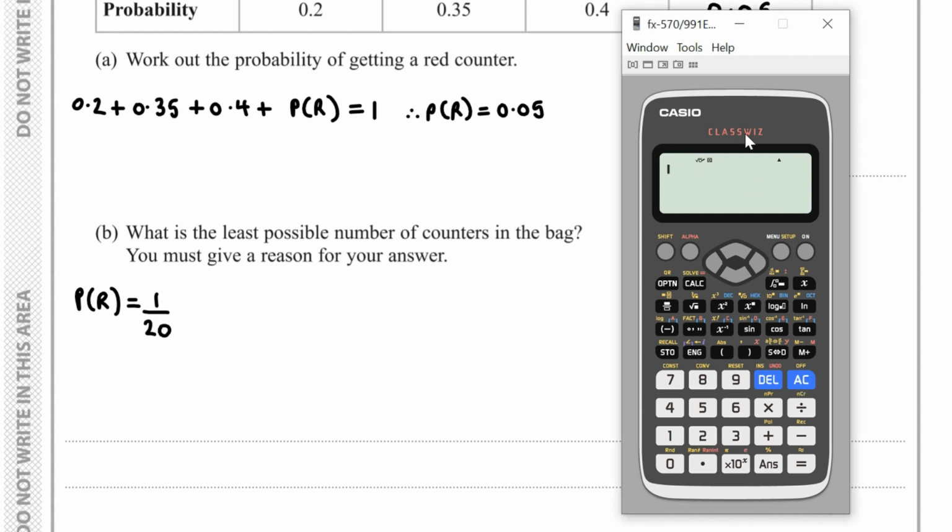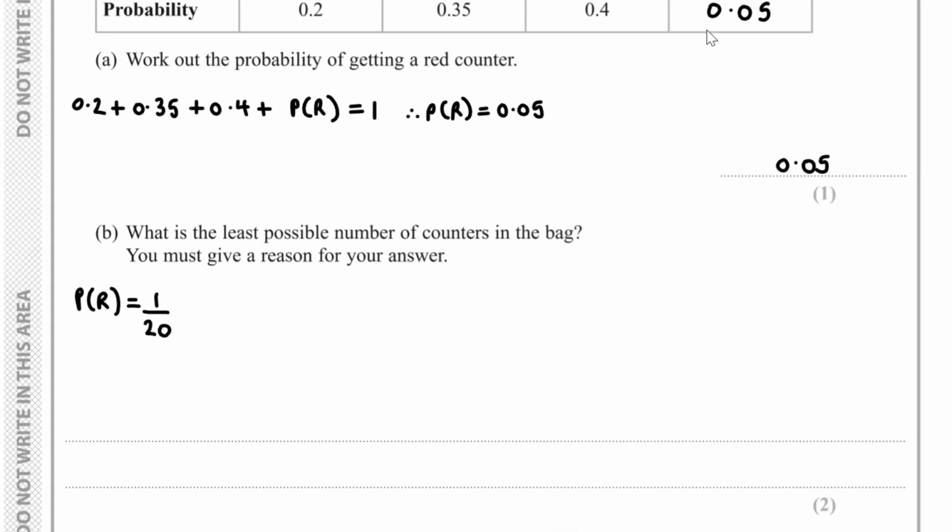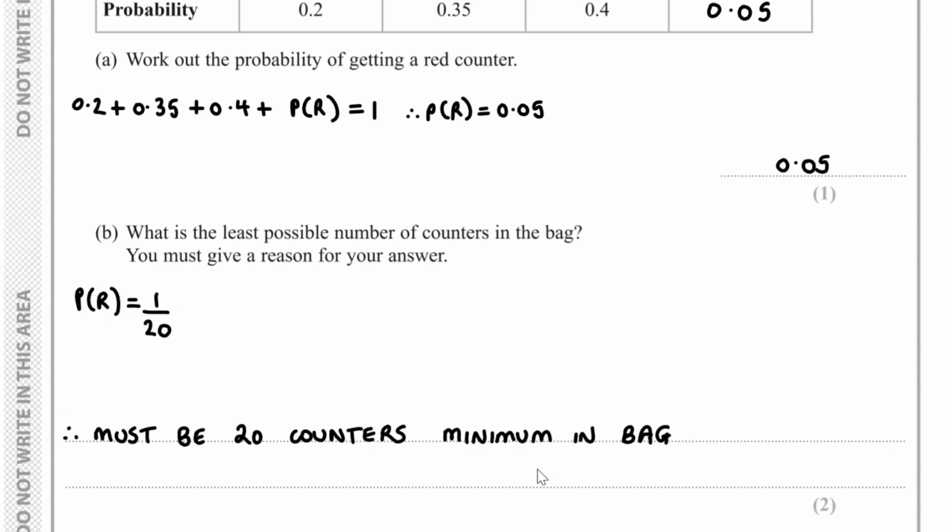So what we're saying is, there is at least 20 counters in the bag, one of which is a red. Of course, we can unsimplify this fraction, which will tell us that there are more counters, but in the simplest form, the probability of getting a red is 1 over 20, and therefore there must be 20 counters minimum in the bag.